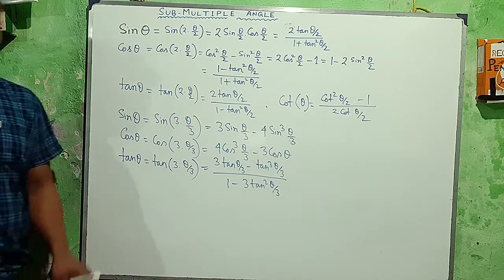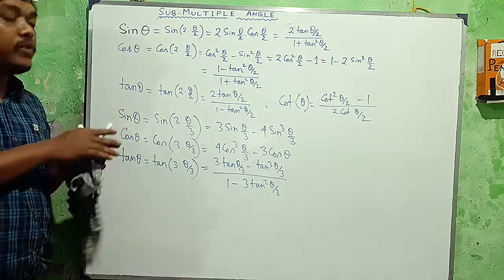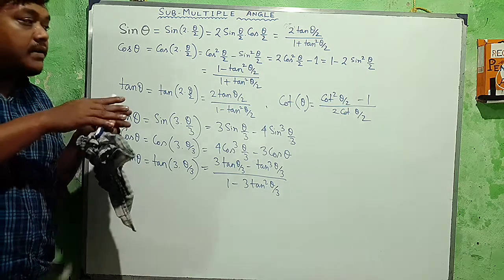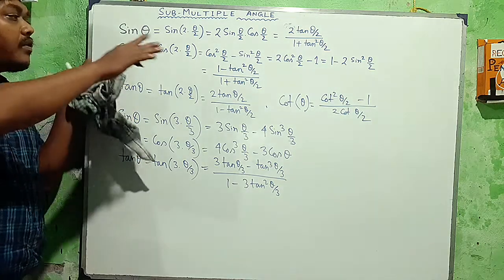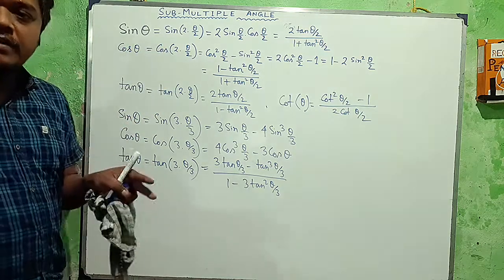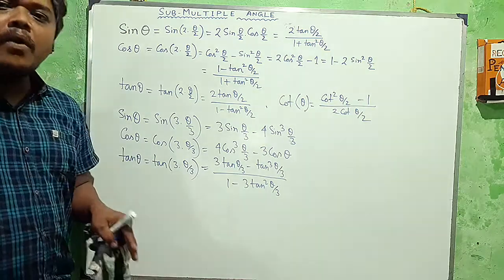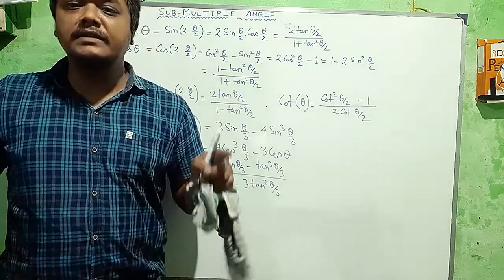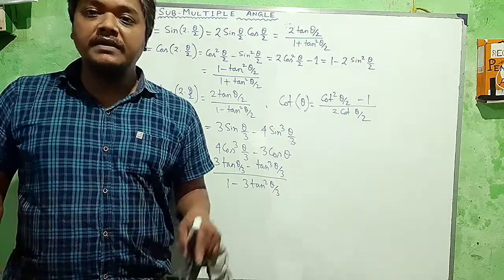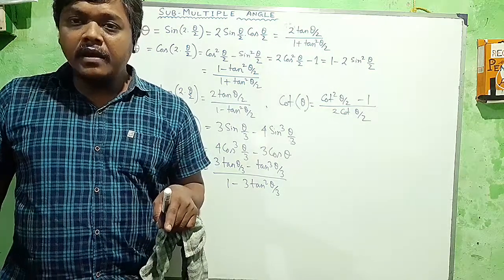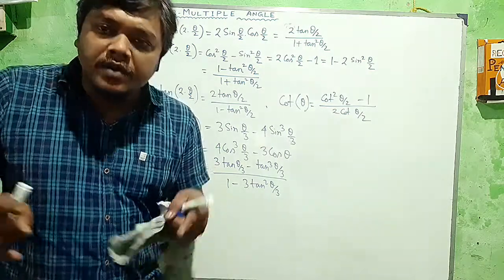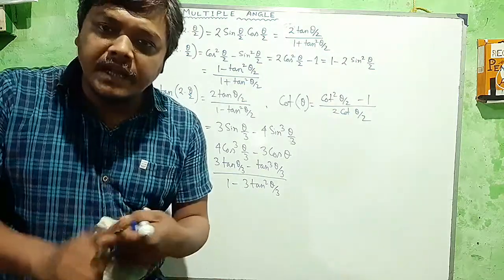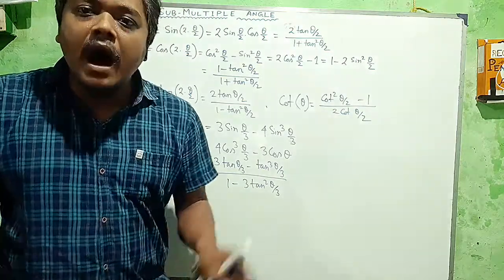Okay? So by using these formulas and keeping them in your mind, we can calculate various types of problems. We already know sine 90 degree, sine 45 degree, sine 60 degree. But if we want to calculate sine 18 degree, cosine 18 degree, tan 18 degree, how do we calculate?